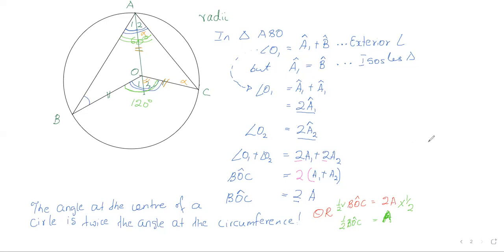That the angle at the center of a circle is twice the angle at the circumference. And the diagrams that you mostly get in exercises go this way. You will have something like this.